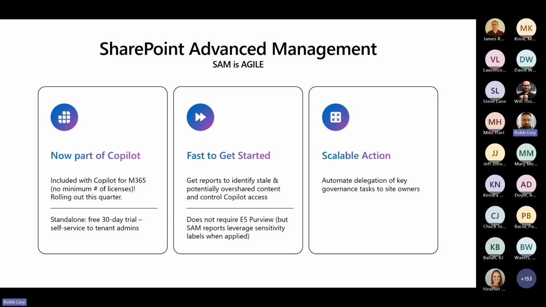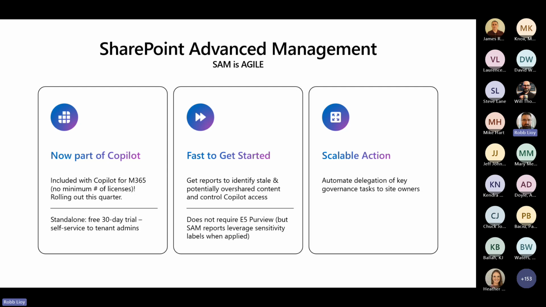And getting into a little bit about SharePoint Advanced Management, it's going to be part of Copilot, as we've talked before. There's been a little delay in the rollout, so that is going to be coming. You're able to get reports to identify stale and potentially overshared content and control Copilot access. And it has scalable actions, so you can delegate a lot of that governance to your end users, as we'll talk about later on.